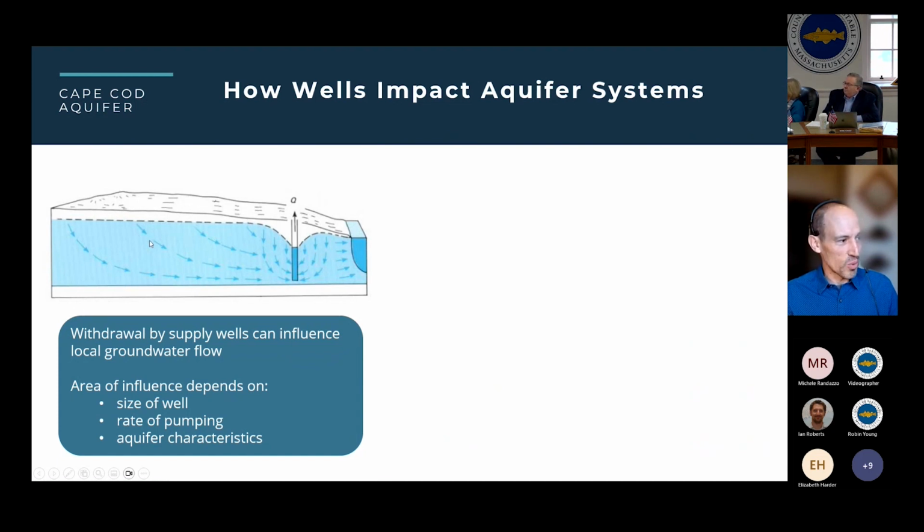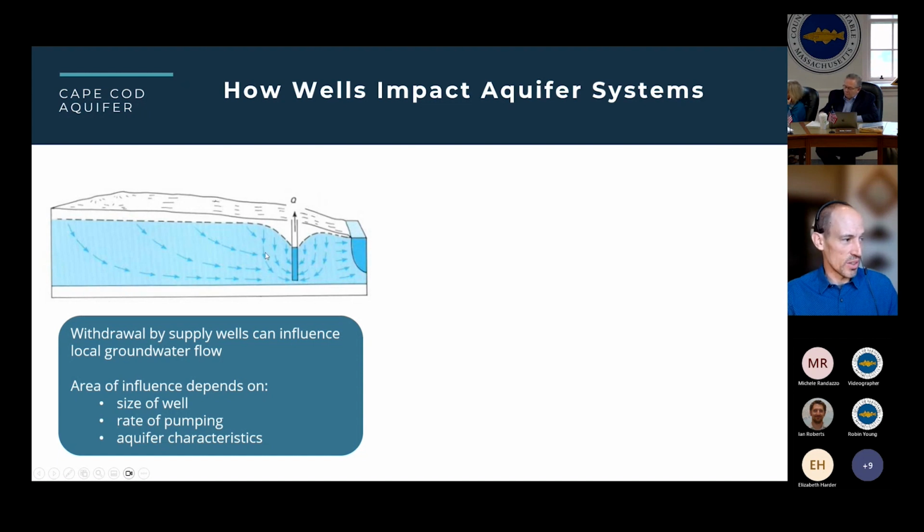Depending on where it falls, it will follow certain paths towards whatever its discharge area is. It could be shown here as a coastal water, or it could be a stream, it doesn't really matter. And once you introduce a well into that aquifer, it has the potential to change some of those flow patterns, right?